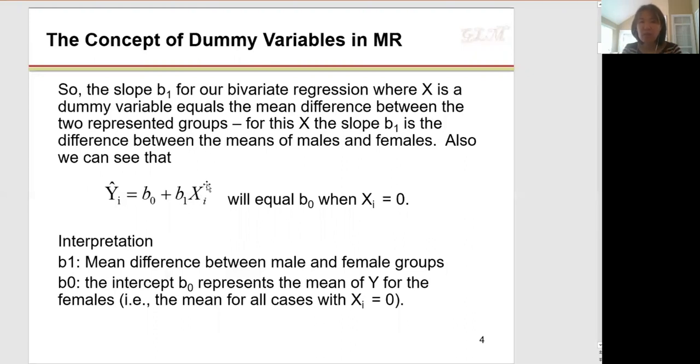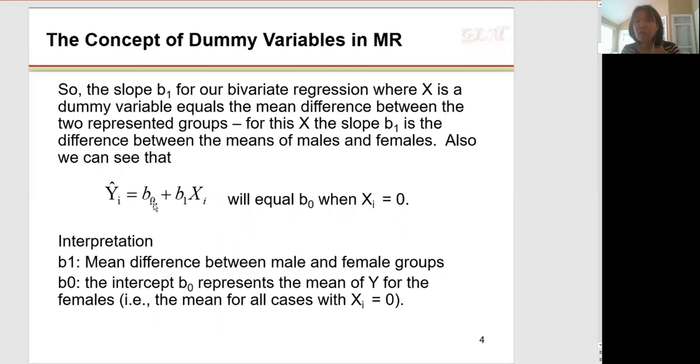So plug 0 here for female, then this is removed. So Y bar for female becomes B0. And if you plug 1 for X, then B0 plus B1 is Y bar for male.